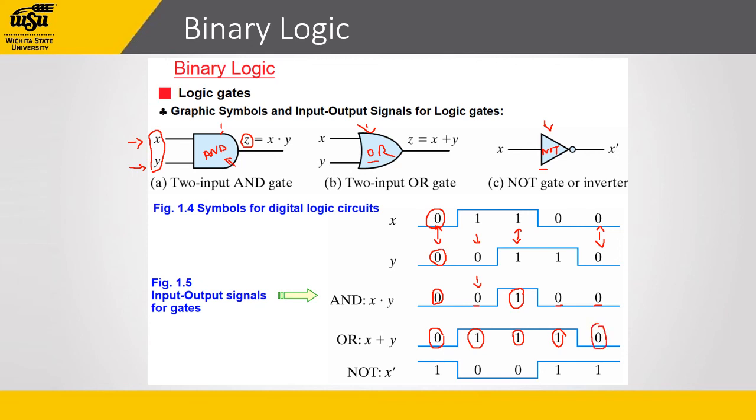And for the NOT gate, whatever we feed into the NOT gate, we get the other form of it. If the input is 0, the output is 1; if the input is 1, the output is 0.